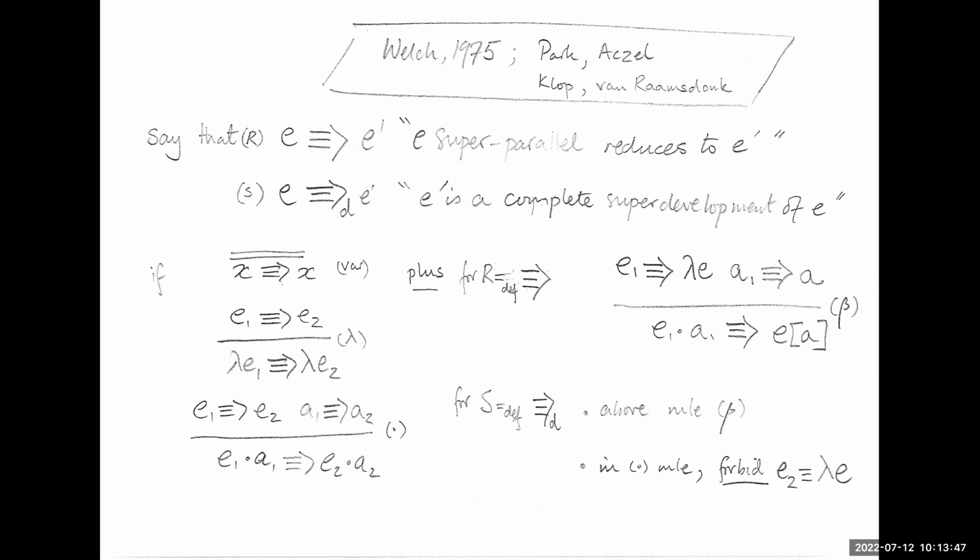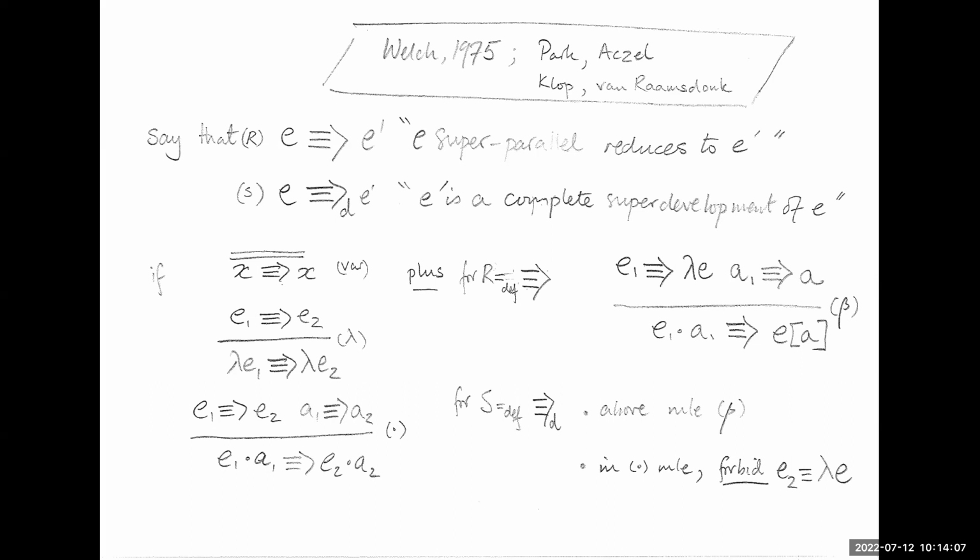What does beta say? It says if I already know I have a function and I have its argument, then I can put them together to reduce to the substituted form. And what's super about superparallel reduction is that it does that in both arms of the application.